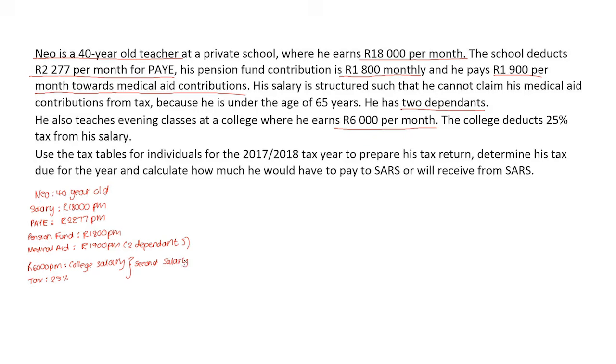Now, Neo can claim his pension fund contributions as a deduction, but because he is under 65, he cannot claim his medical aid contributions as a deduction. Instead, he qualifies for a tax credit in terms of the medical aid scheme contribution. In terms of his age, he also qualifies for the primary rebate only.